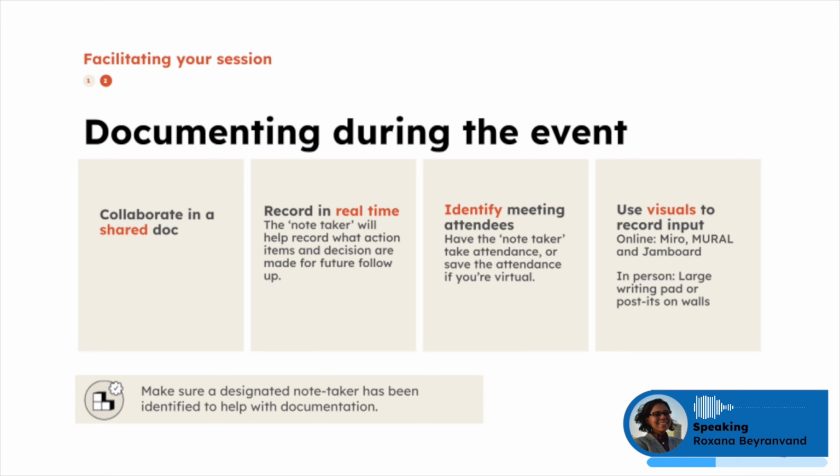These are all really great tools that allow folks to add their own input and that you can go back to and look at. And if you're in person, this looks a little different, but you still can capture information by using large writing pads or also big Post-its on the walls, things like that. So think about these four different ways to make sure you're documenting really important key parts of your event.